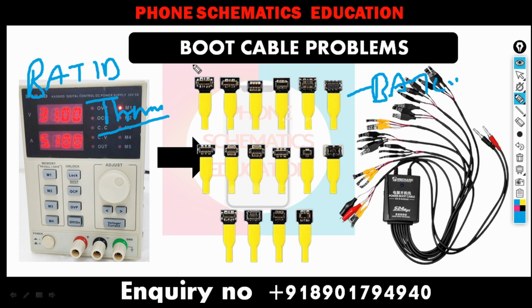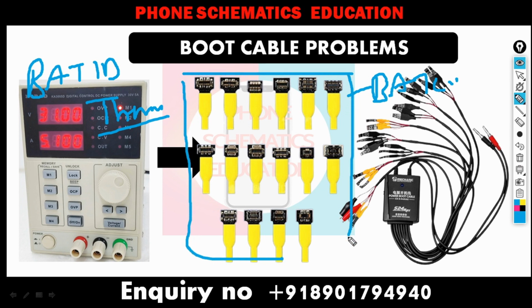But the issue with the boot cable is this: there are 15 to 16 connectors, and the company claims these connectors work on 4,000-plus phones. Suppose one connector works on almost 200-plus phones.